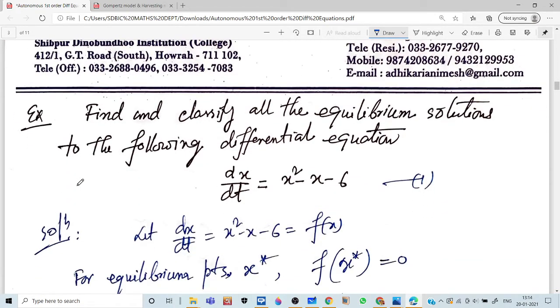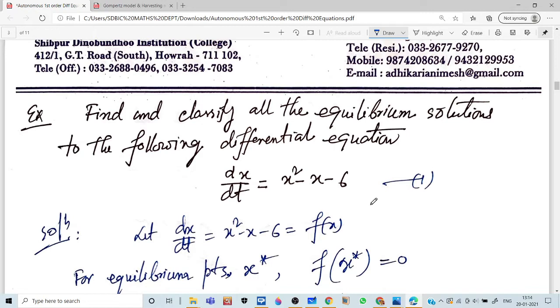To clear this idea, this is a first order differential equation. Obviously x is the dependent variable here, and because of the x square term it is a nonlinear first order differential equation.